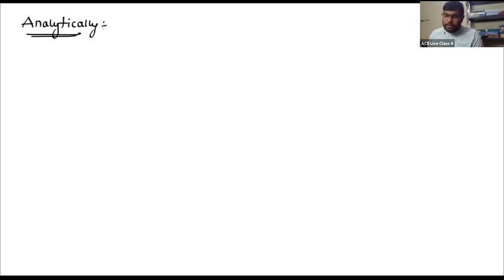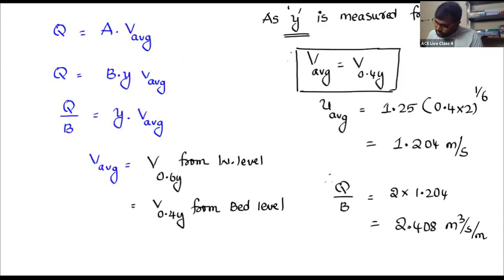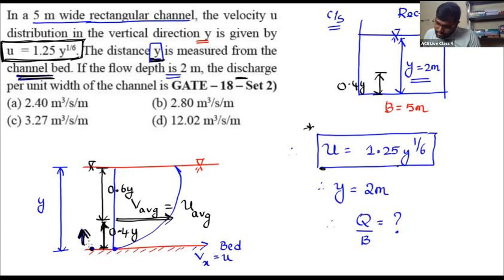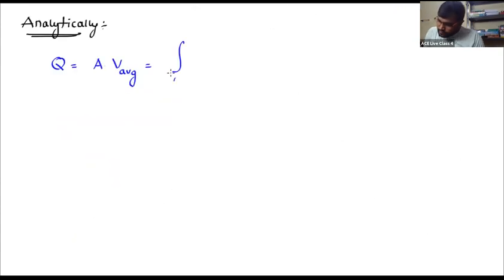So now, as you know, discharge is nothing but area into average velocity, which is nothing but the integral over the depth, from 0 to y, of v into dA. What is dA? B into dy.